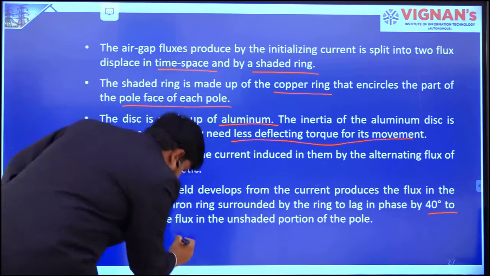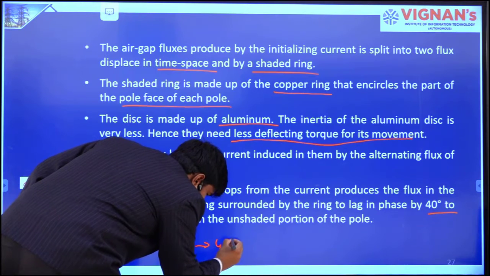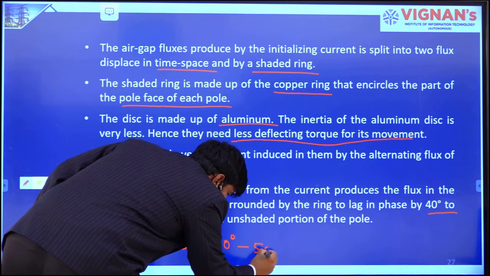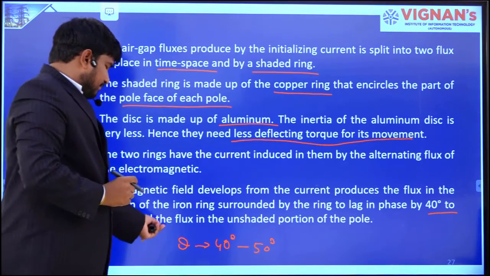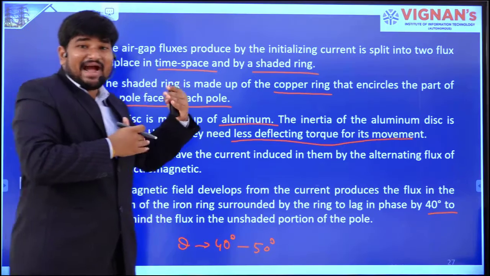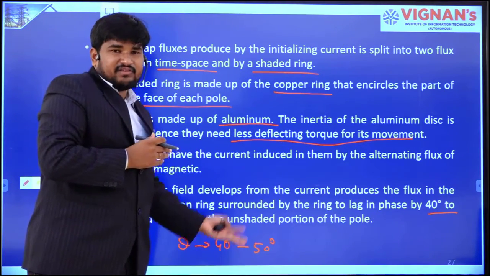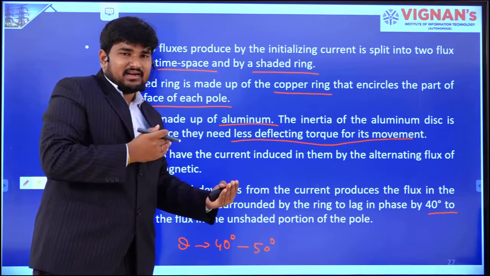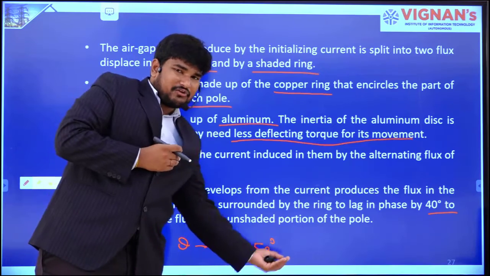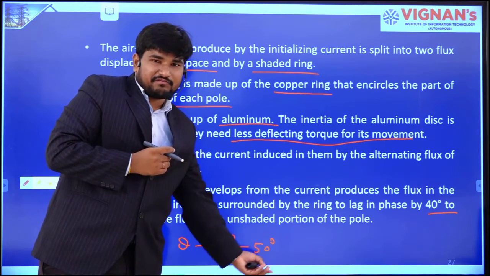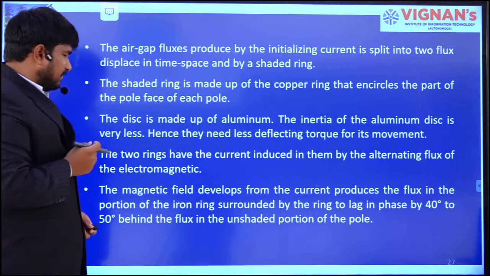That means, as I have mentioned, theta in the shaded pole type is 40 degrees to 50 degrees behind the flux which is in the unshaded region, right? So the flux in the shaded region lags behind the unshaded portion by an angle of 40 to 50 degrees, right? So this is our shaded pole type induction machine.